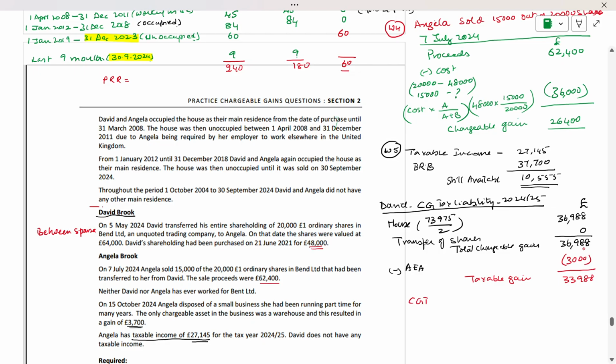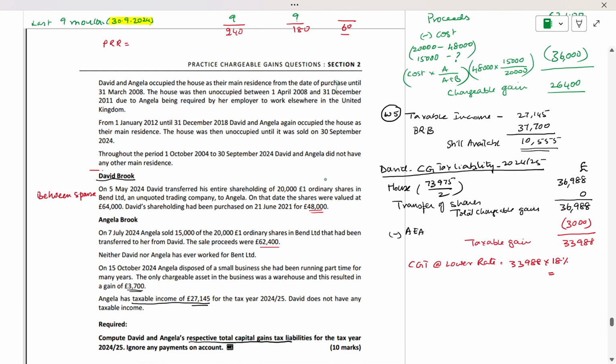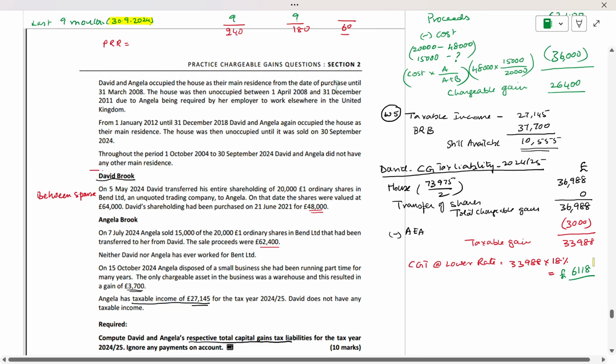CGT at the lower rate: 33,988 times 18%. How much will we get? 6,118. Are you clear about this? Yes, sir.